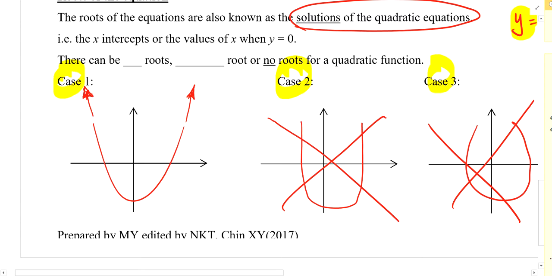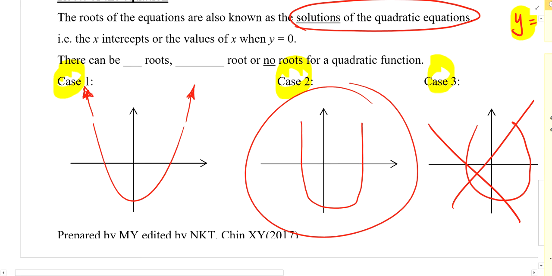Next, you look at the shape. Does it look like the upside down water cooler shape? Where you press the water cooler, the water comes out, right? The water comes out from a water cooler, then you flip it upside down. Does it look like that shape? If it does, then it's a parabola. Obviously your water cooler will not give you these shapes when you press it and let the water come out.